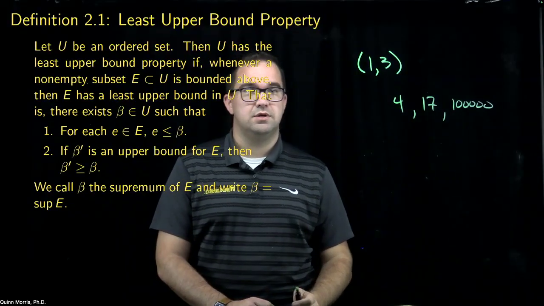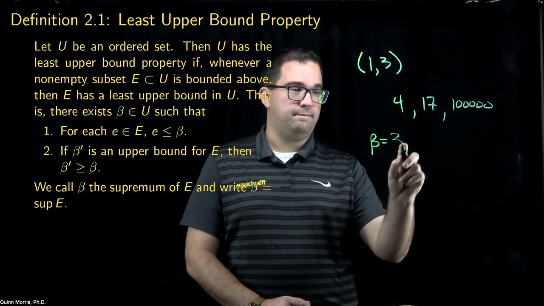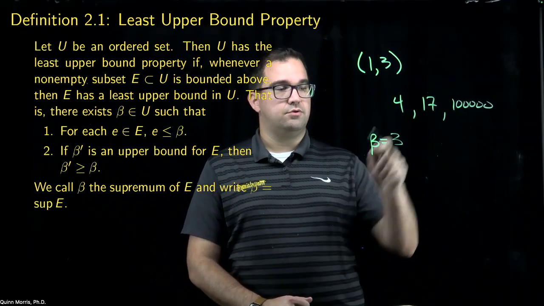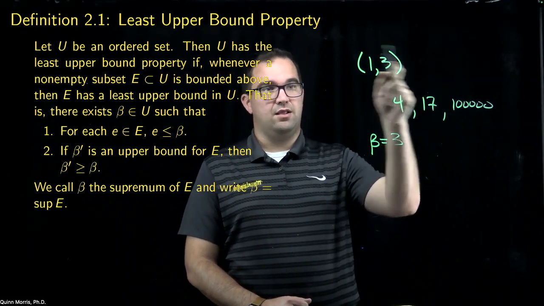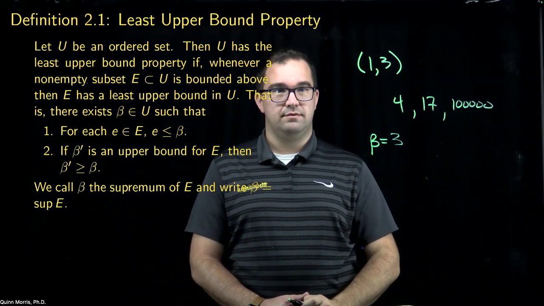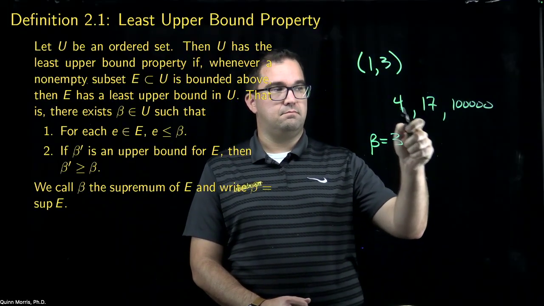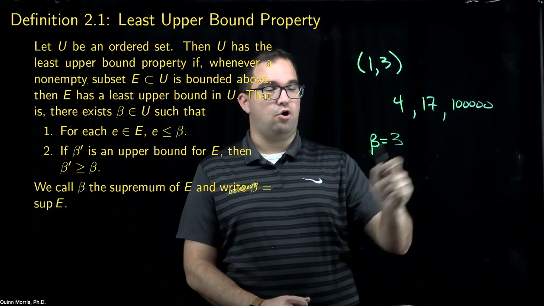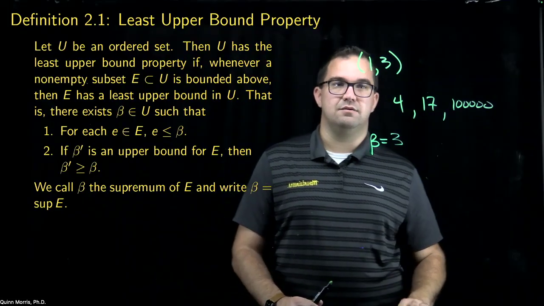There are many upper bounds, but there is also a least upper bound, which is 3. So notice that 3 is greater than or equal to every element of this set, right? And also, if I look at any of these other upper bounds, they're all greater than or equal to 3. So 3 is the least upper bound.